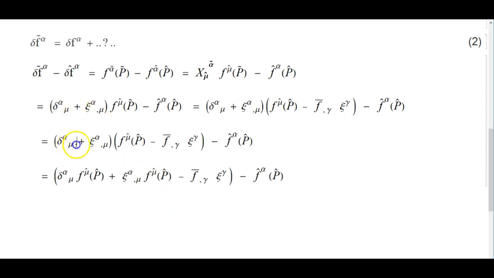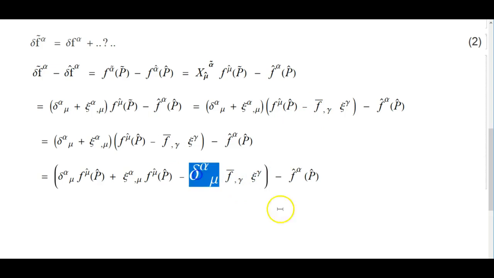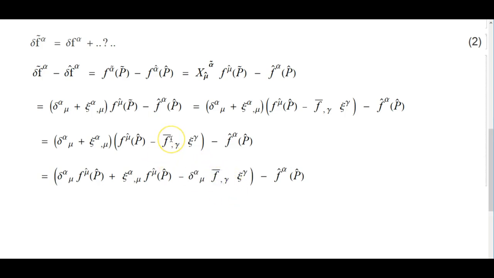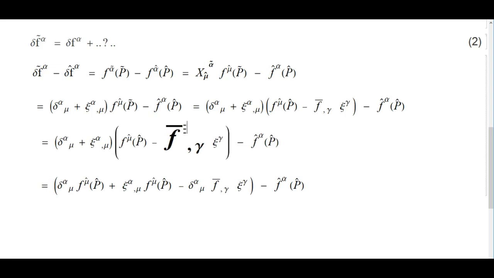Then delta alpha mu will come with this guy. Third term is this. Something not right with the indices here. Yeah, I got it. This has to be f bar mu. Okay, so let's now fix the master.